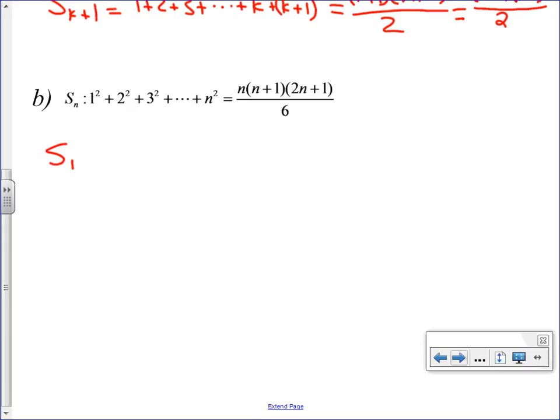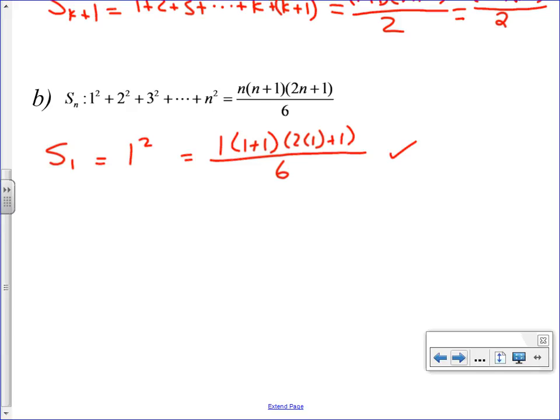Statement 1. Yeah? Is just 1 squared. Is that the same as 1 times 1 plus 1 times 2 times 1 plus 1 divided by 6? It is. So that's true. Okay? Yay. Usually the first statement is true. And if they're telling you to prove it, that's probably a true thing.